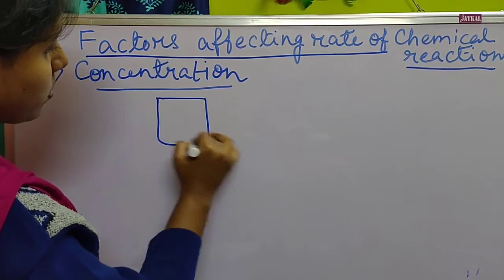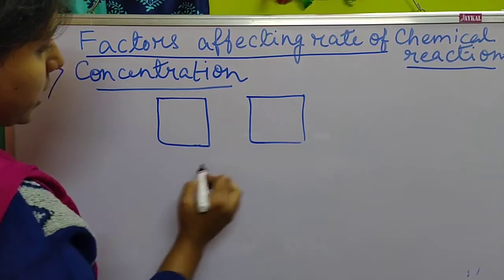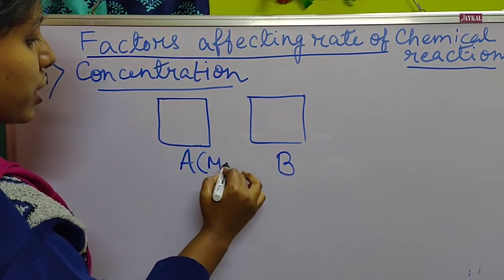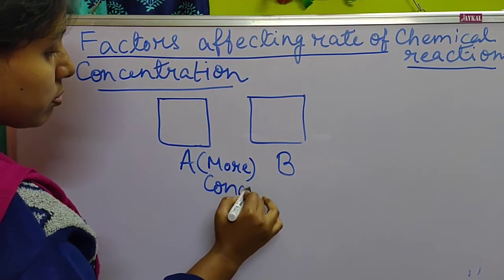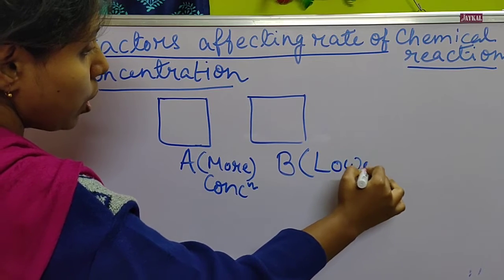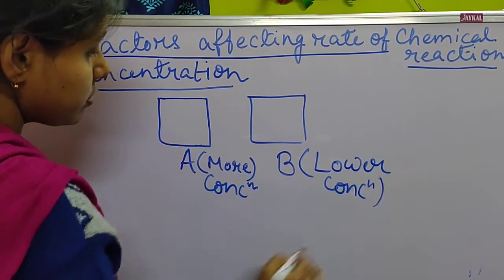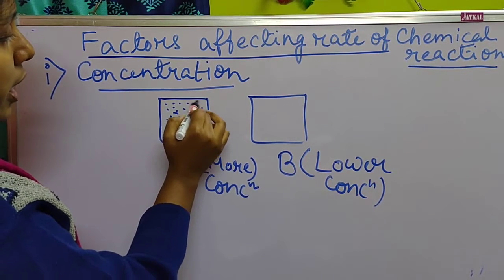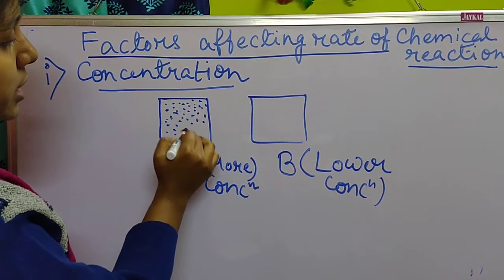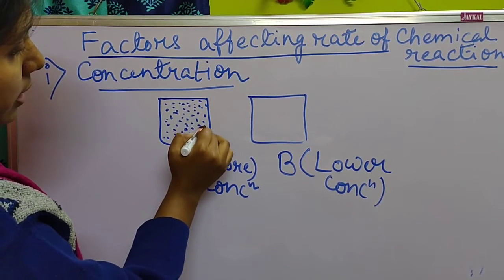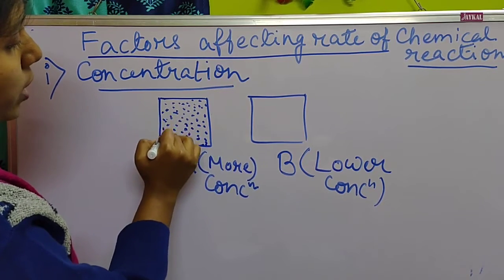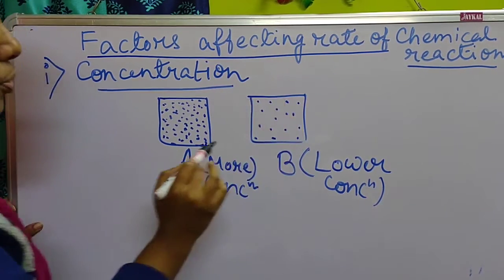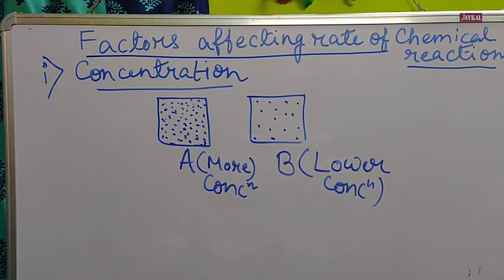Suppose I am showing you two reactants, this is A and this is B. A has a larger concentration and B has a lower concentration than A. More concentration means that per unit volume, a large number of molecules are present in the case of A. And lower concentration means that per unit volume, fewer molecules are present.